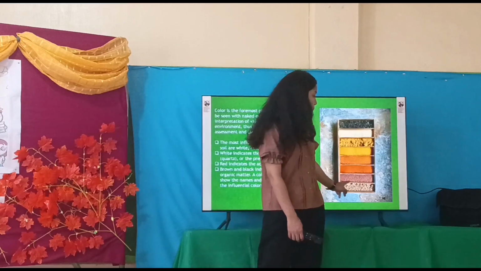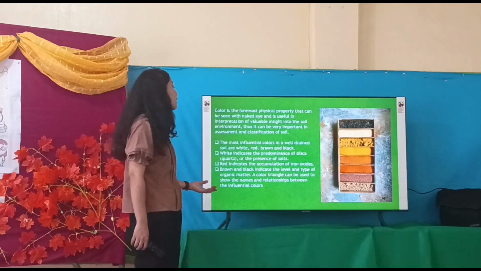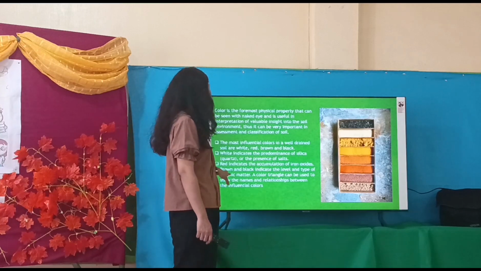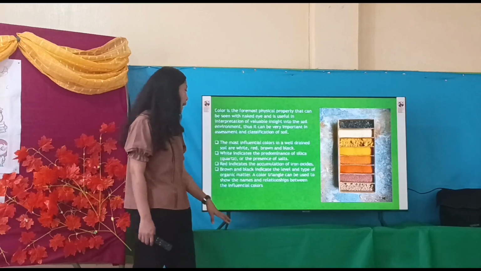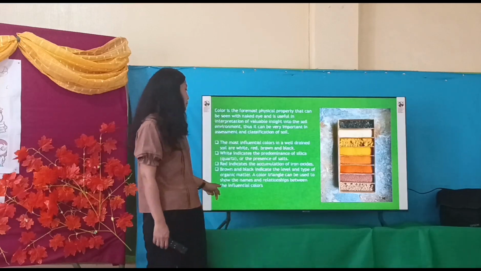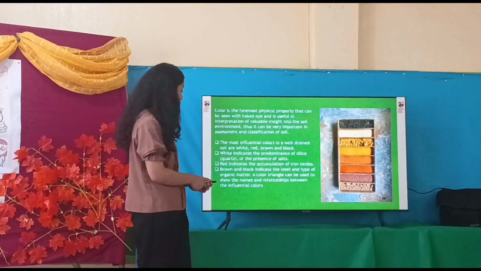So here, we can see this red soil na meron daw na nag-indicate na accumulation of iron oxide. So here naman, lastly, brown and black indicate the level and type of organic matter. A color triangle can be used to show the names in relationship to influential colors. Okay?